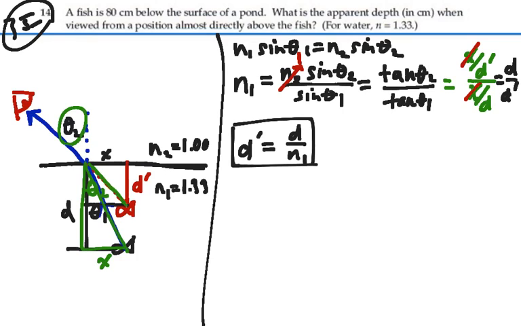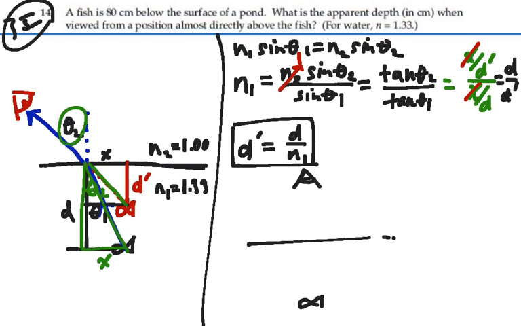Now, why can we use the small angle approximation? We can because if we take our observing point directly above the water, where the fish is below the water, and we're observing exactly above, then the angles that we've assumed in this original diagram are getting smaller and smaller.